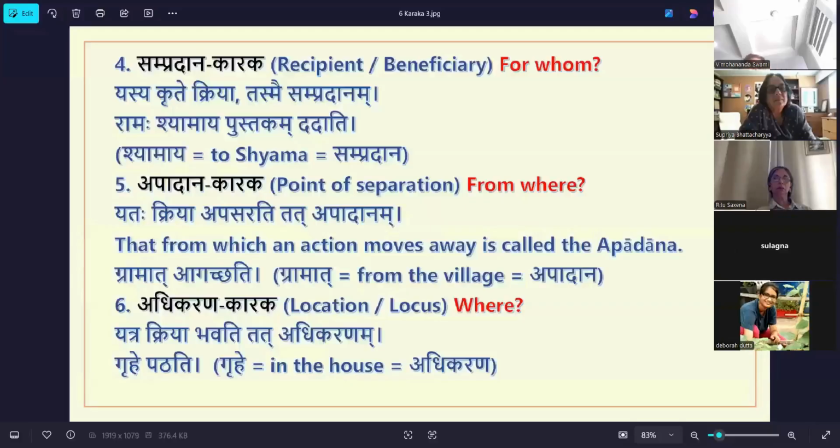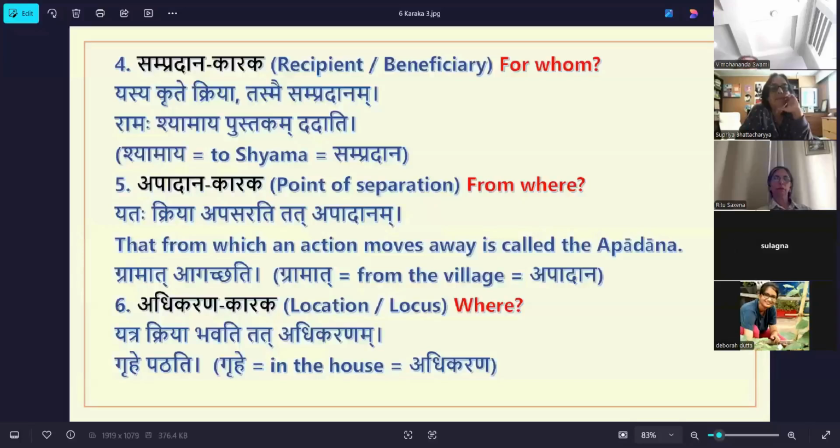So, gramat agacchati. What is the fifth of Nara? Narat. Gramat. So, gramat agacchati. He is coming from the village.